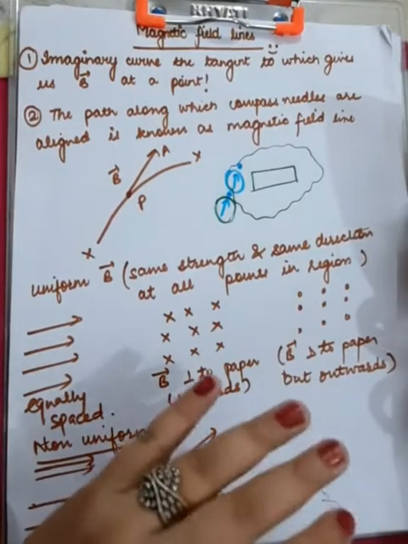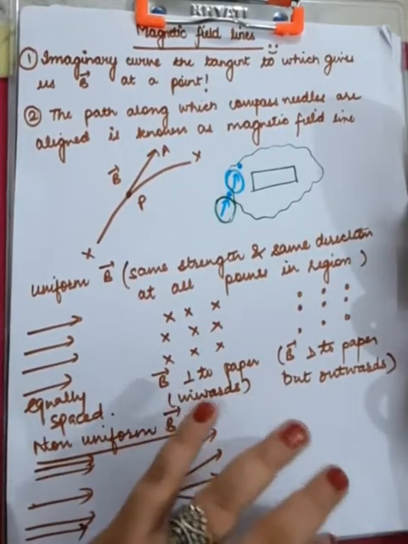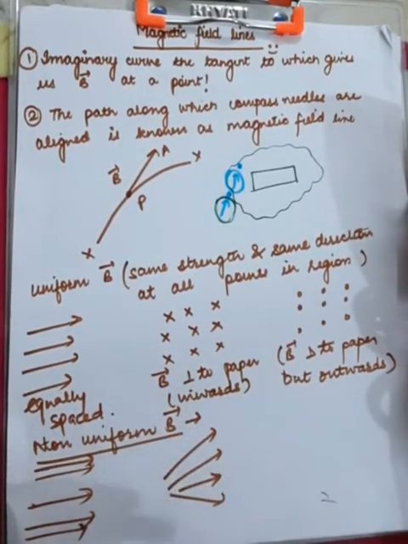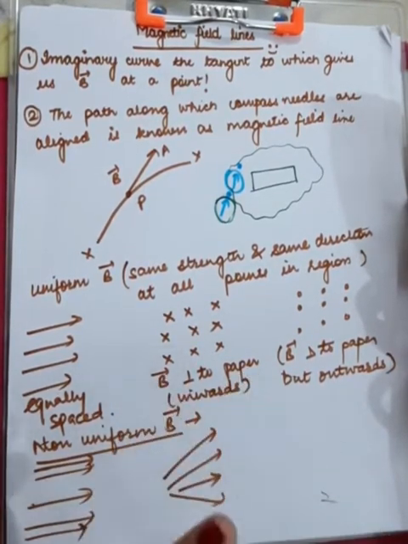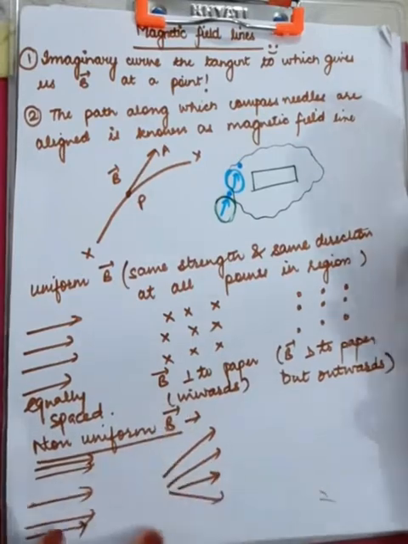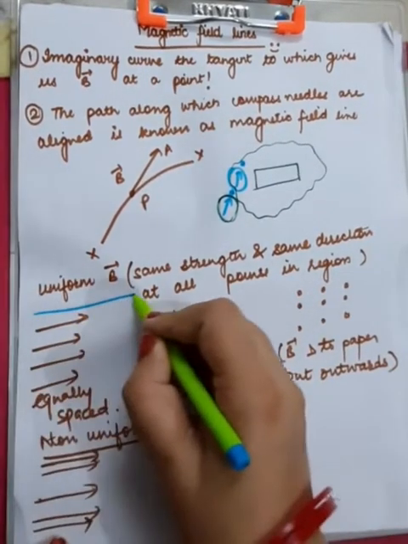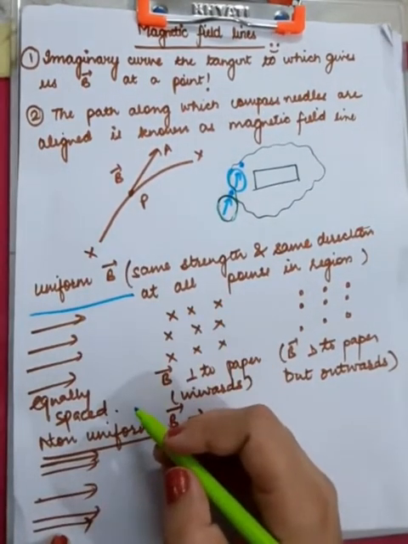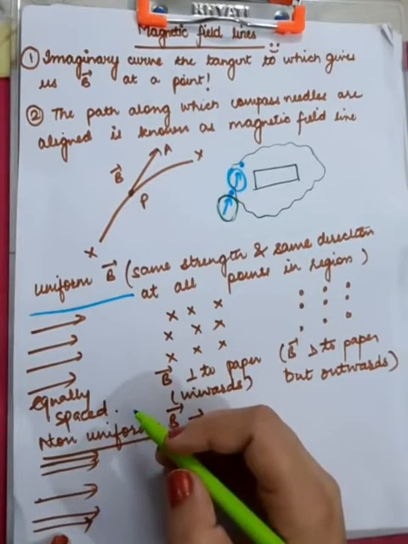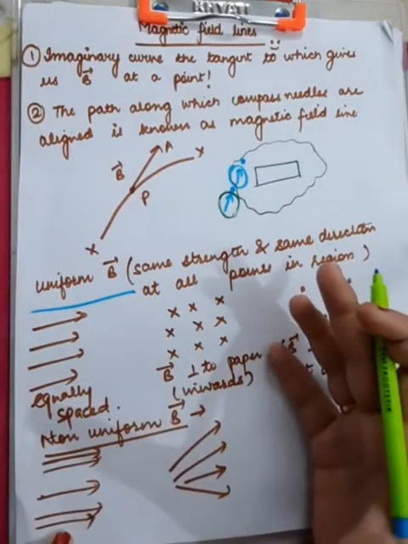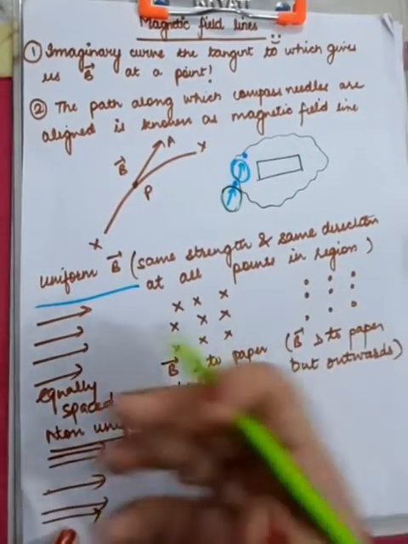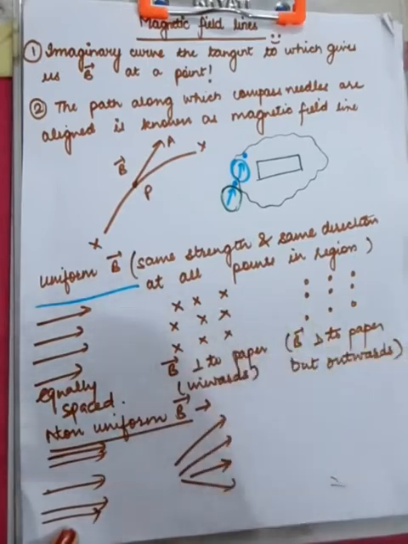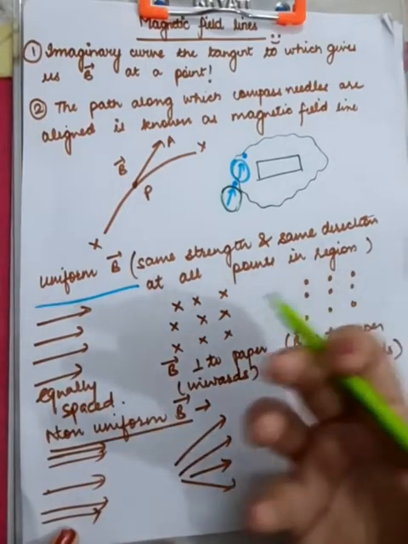And then we have different sorts of magnetic field lines. We have different representations of different situations. So situation number one, first of all, what is a uniform magnetic field? Uniform magnetic field means a magnetic field which has the same strength everywhere, whose magnitude is absolutely the same everywhere, and it has the same direction at all the points in a region.